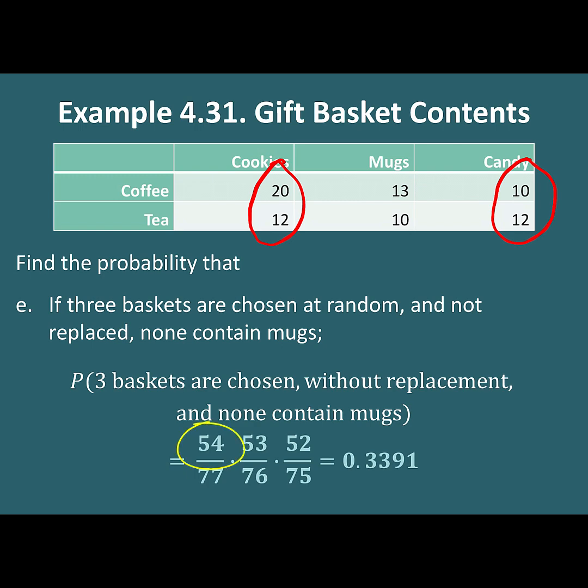Adding all those up, we get 54. Therefore, if I choose one basket at random, the chances that it does not contain mugs will be 54 out of 77. Then choosing the second basket will be 53 out of 76. Then 52 out of 75. Multiplying, we get 0.3391.